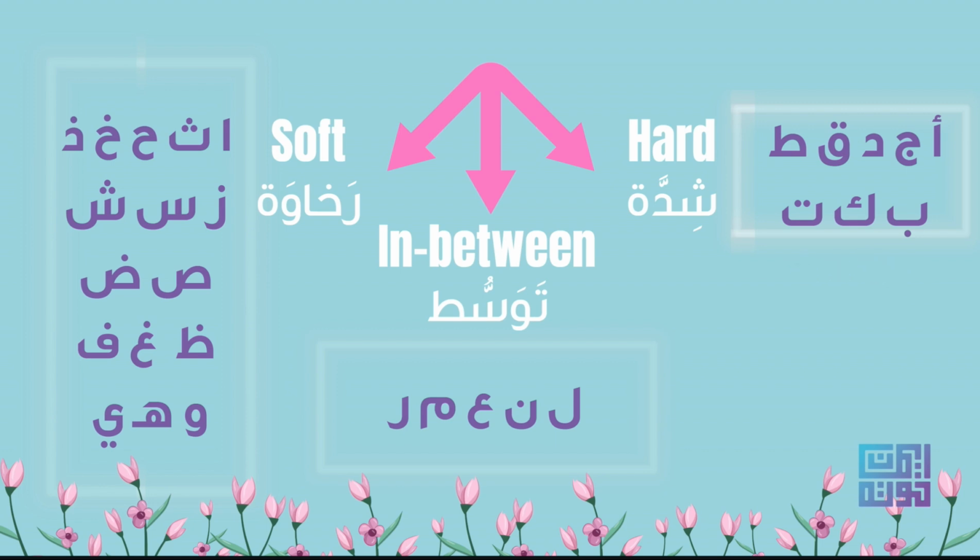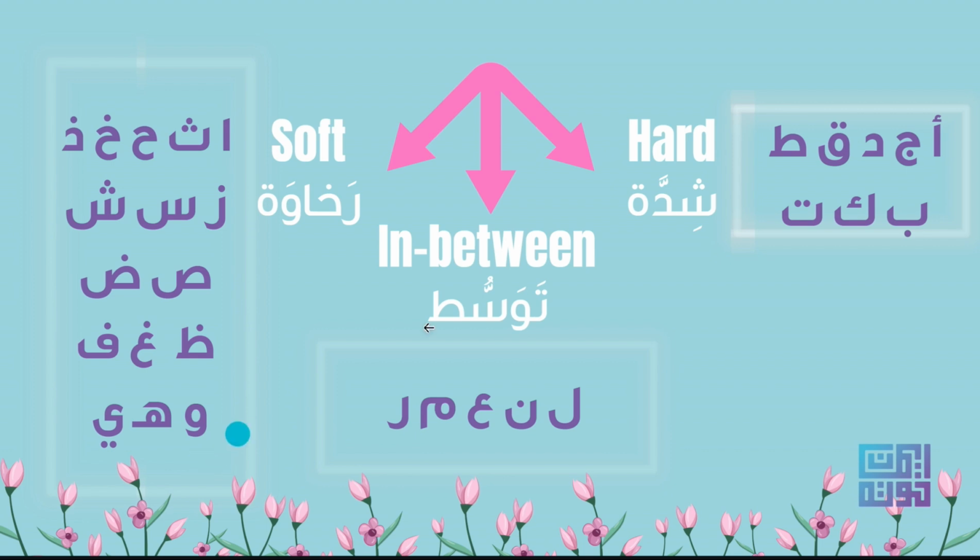So these are the letters that have this hardness character, shidda. Okay, and then we have five letters that have this in-between character: the lam, noon, ayn, mim, and ra. All the remaining letters, without even mentioning them, belong to the soft character, rakhawa.